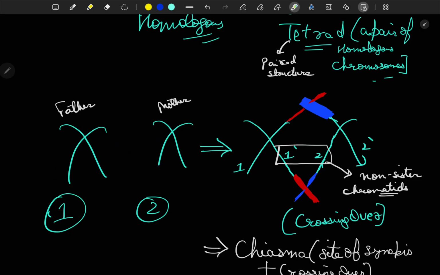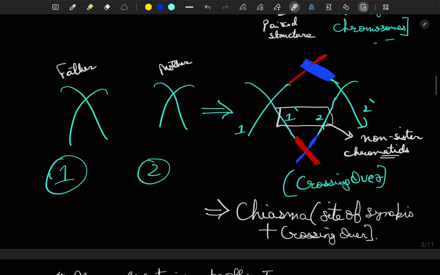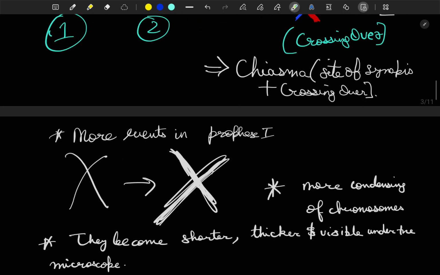Now when they cross over, it leads to genetic exchange of genetic material. This is an important part, because it creates genetic variation and produces recombinant chromosomes. This key thing, as you've seen, doesn't happen in mitosis.